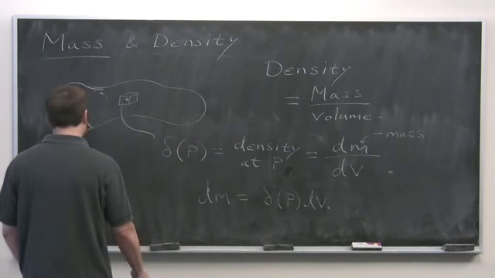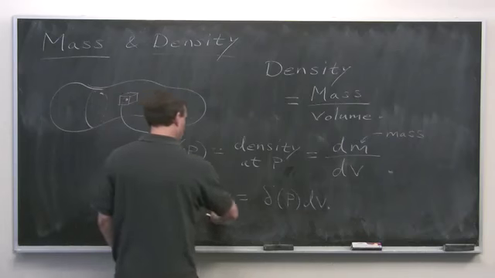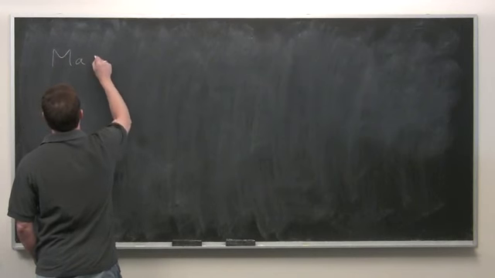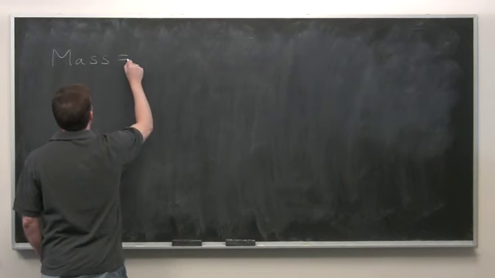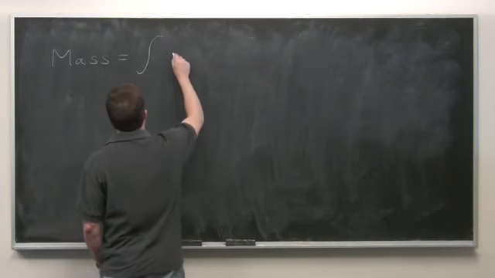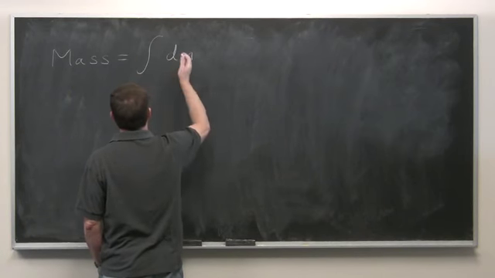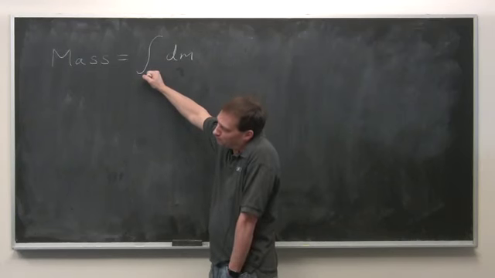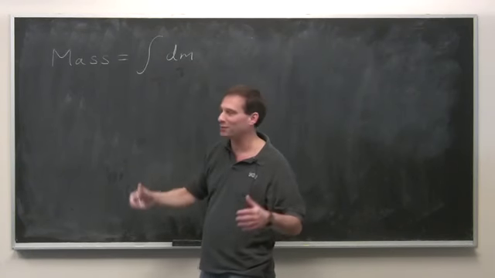So if you were given a density function and you knew how to do integrals in 3 dimensions, what this would tell you is that the total mass would equal the integral of, the continuous sum of, all the infinitesimal little blobs of mass. What should you write for limits of integration?